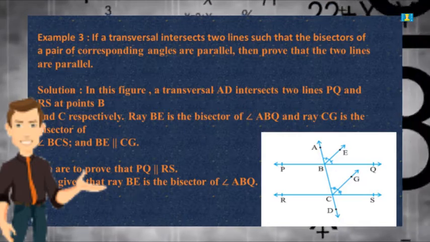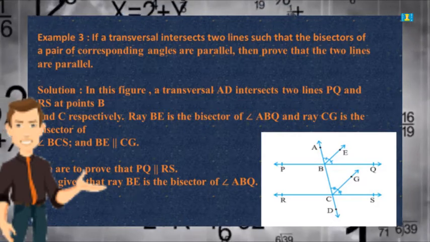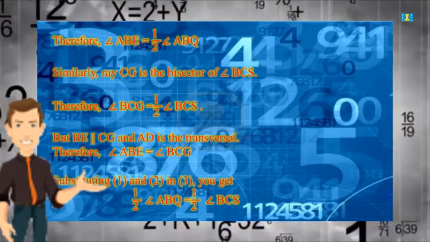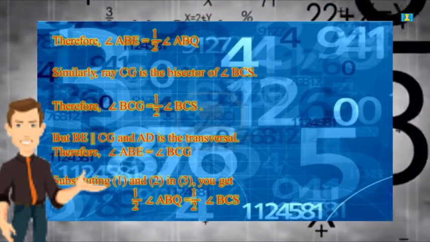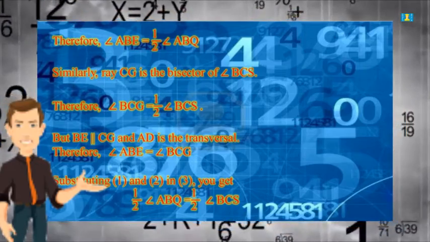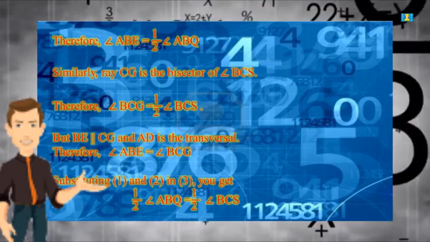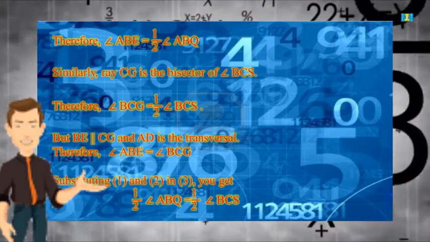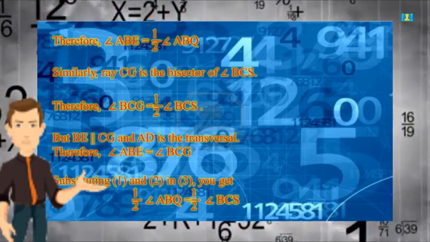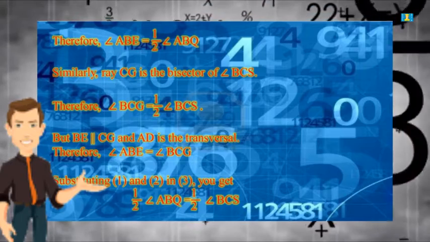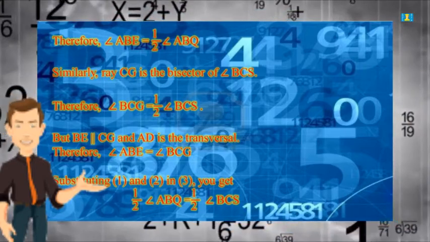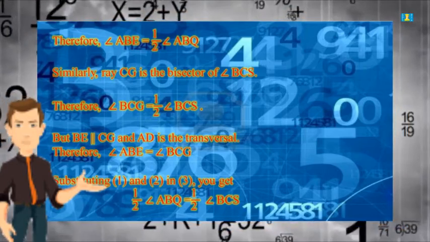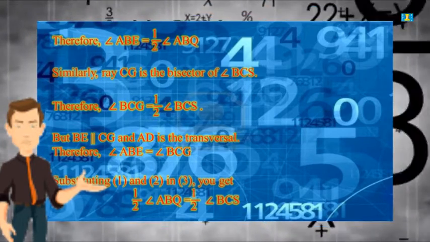It is given that ray BE is the bisector of angle ABQ. Therefore, equation number 1, angle ABE is equal to half angle ABQ. Similarly, ray CG is the bisector of angle BCS. Therefore, equation number 2, angle BCG is equal to half angle BCS. But BE is parallel to CG and AD is the transversal.